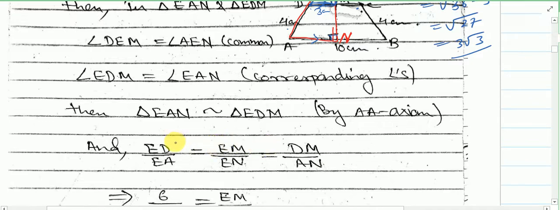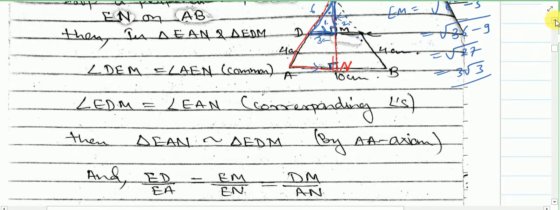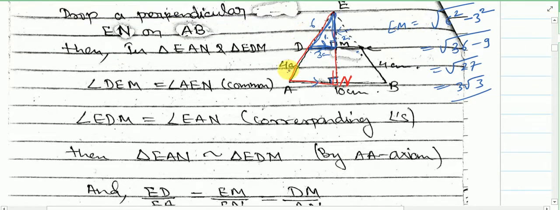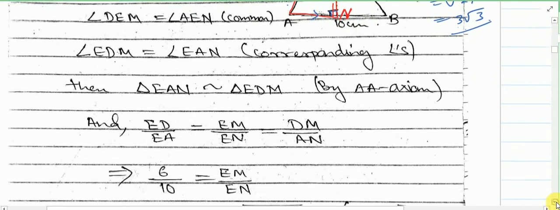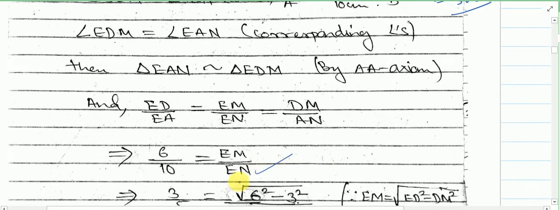Now we will substitute the values. ED we know it's 6, therefore EA will be 10. And then EM we can find, 3 root 3, and EN we don't know. Clear? So we have taken this.